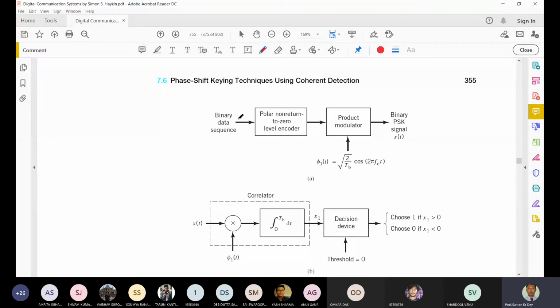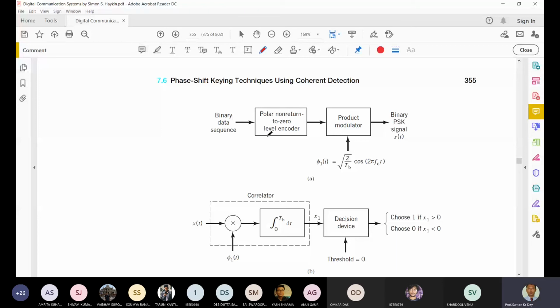If any signal enters the polar non-return to zero encoder, what should be the value? Do you remember what polar non-return to zero line coding is?